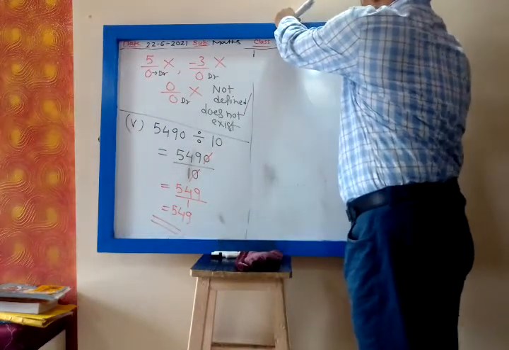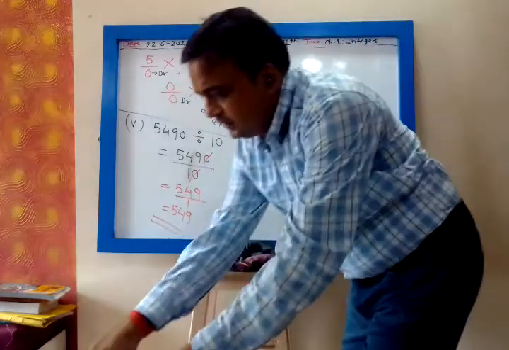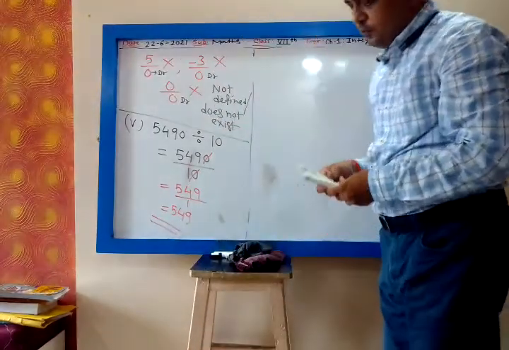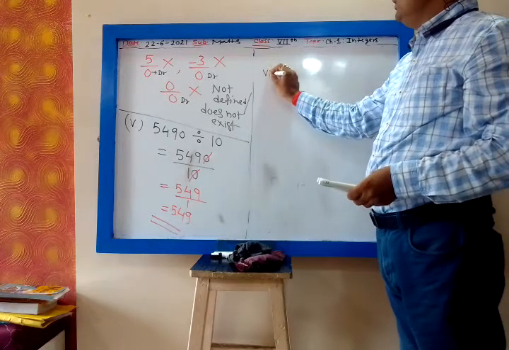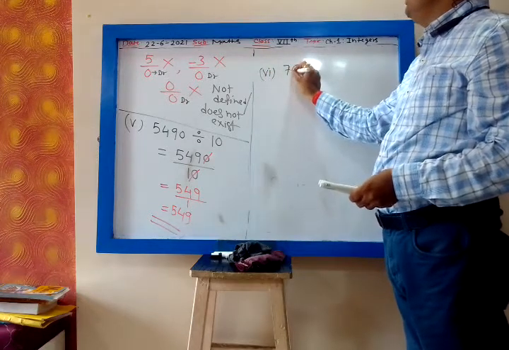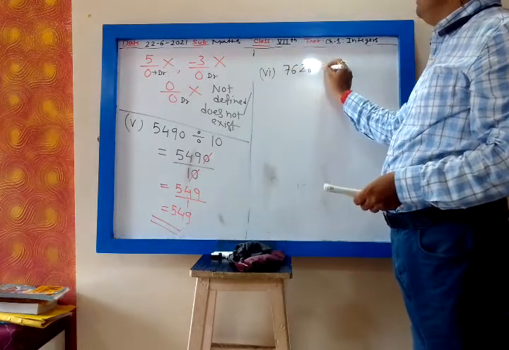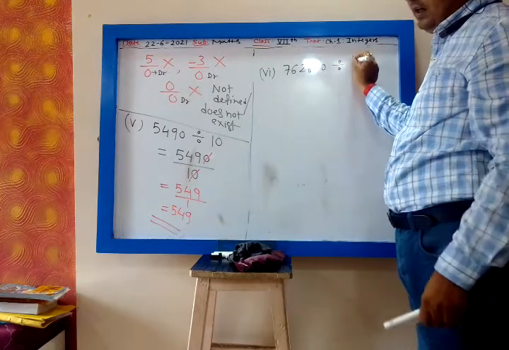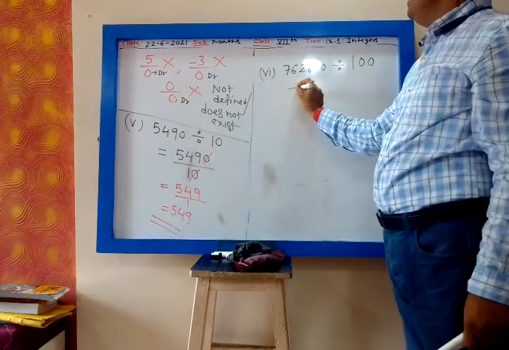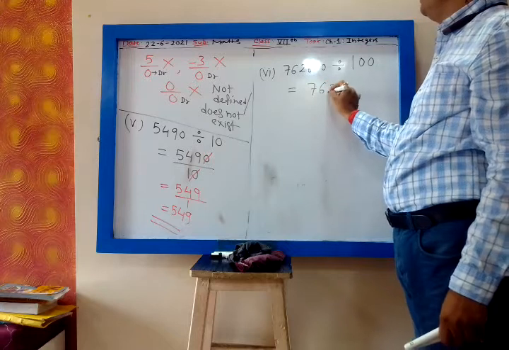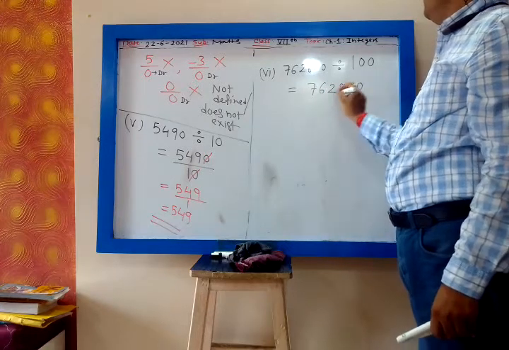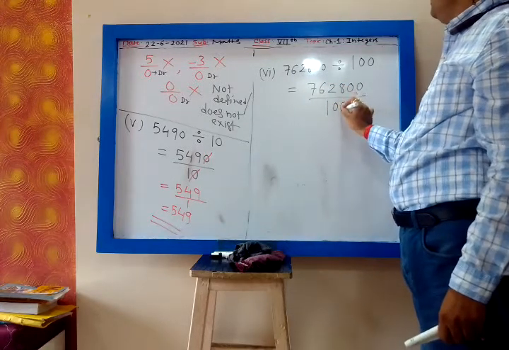Yes? Last problem. 762800 divided by 100. So this we write as A divided by B, 762800 divided by 100.